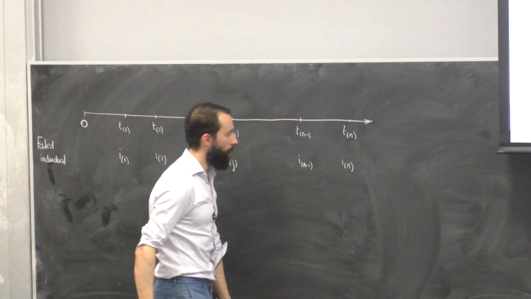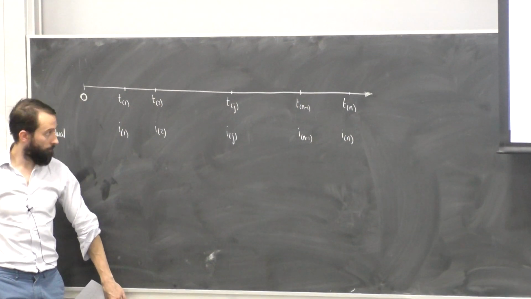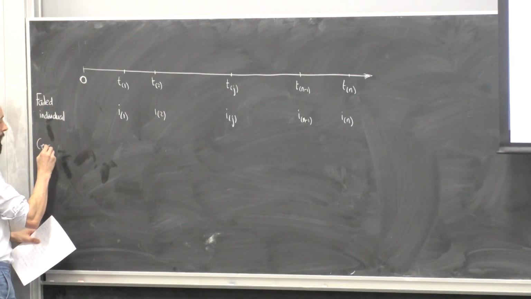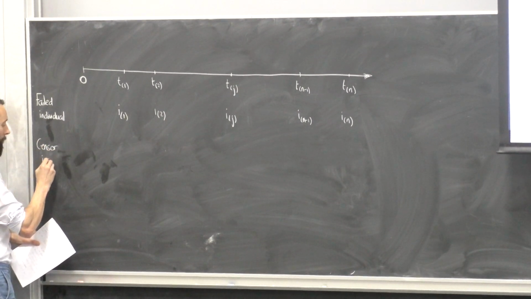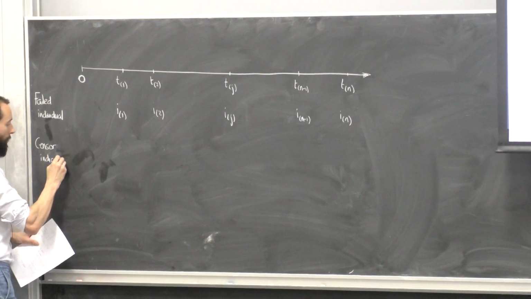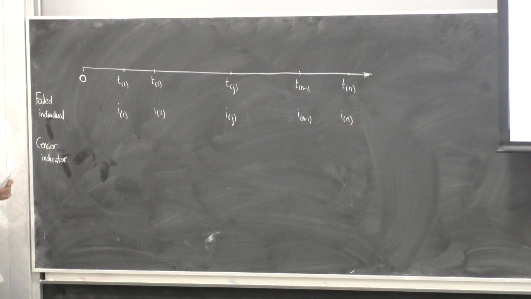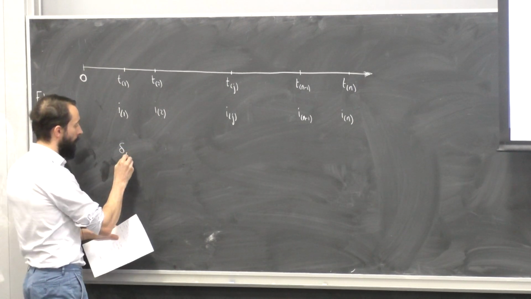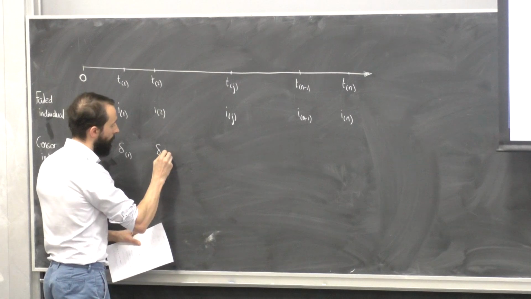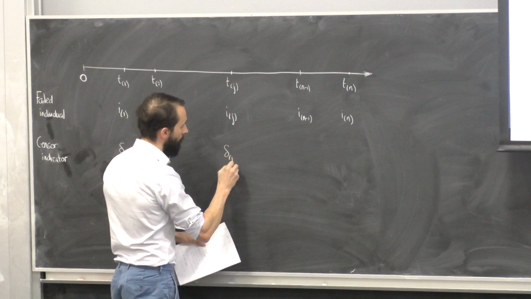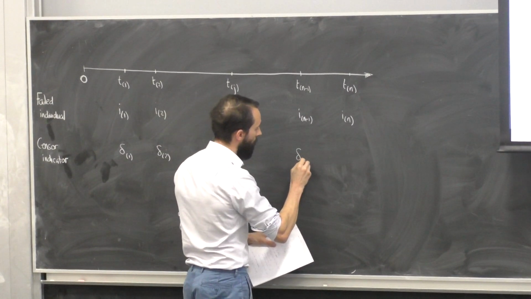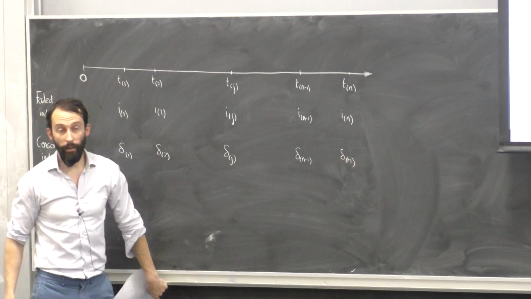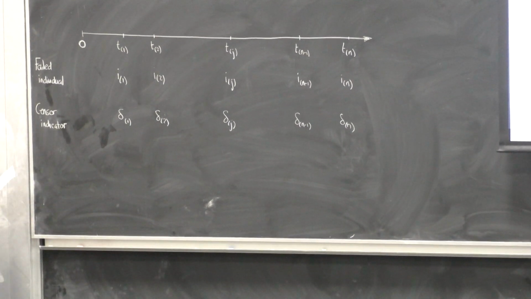Here it's the n-1th, and there it's the nth. I've got some censoring indicator. In the case where I've got no censoring, all these are going to be 1s, so I can ignore that for the time being.